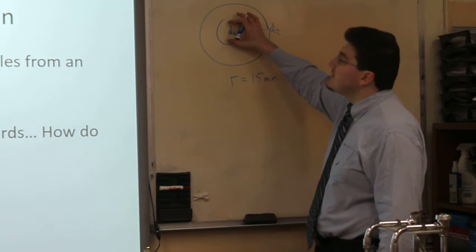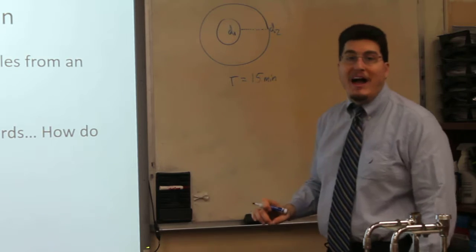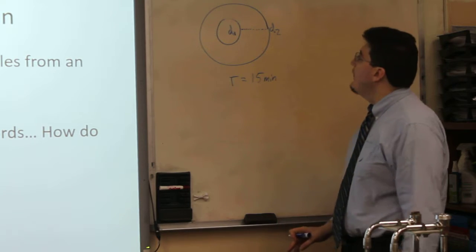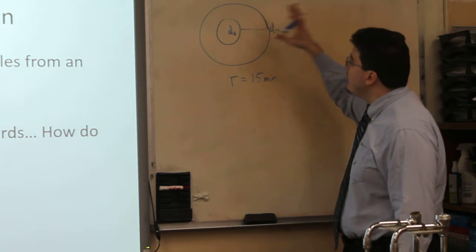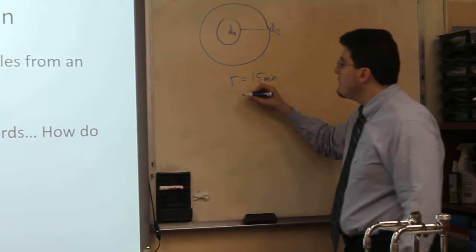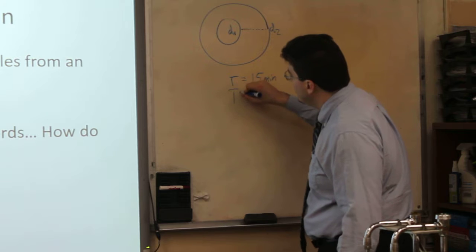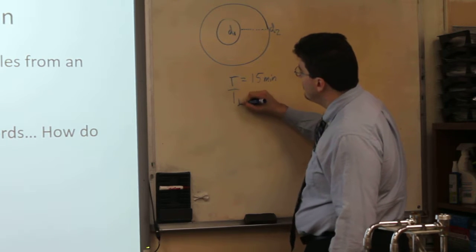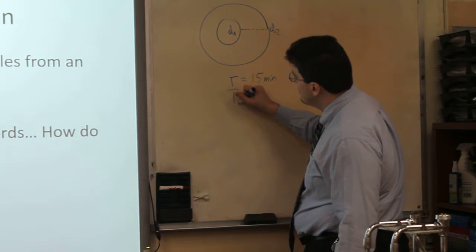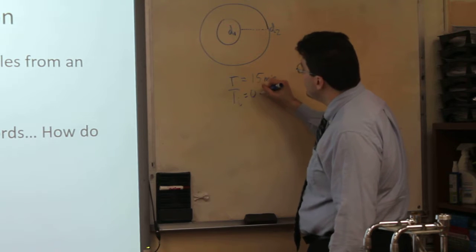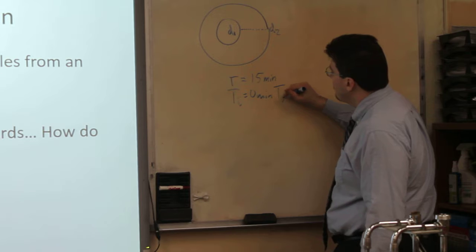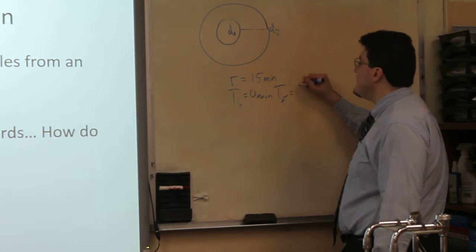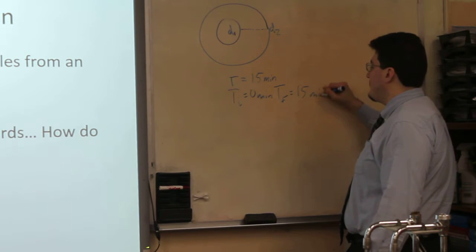So if you put a dye in a well, D-Y-E, in an agar gel, and then you allowed it to diffuse for 15 minutes, your T1, your T initial, is equal to 0 minutes. And your T final is equal to 15 minutes.